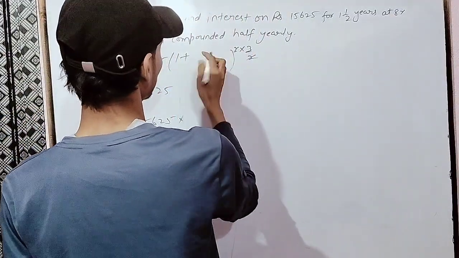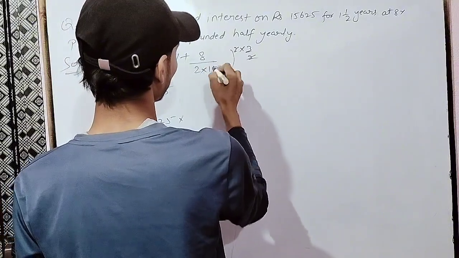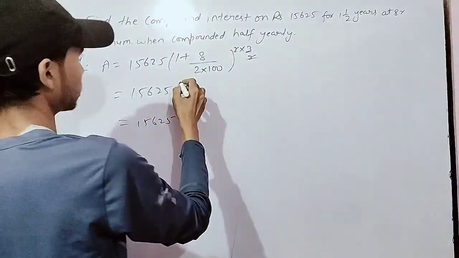So here 8 upon 2 times 100. That's it. Now it is right.